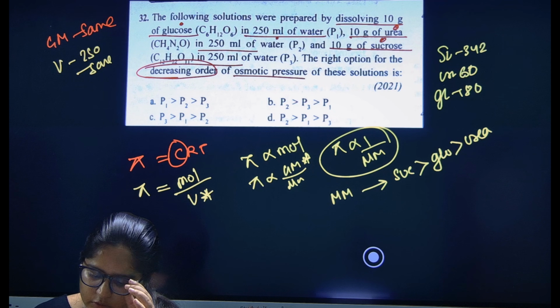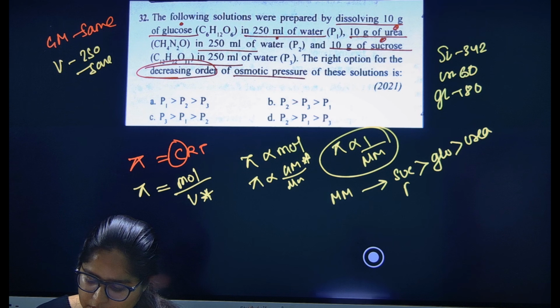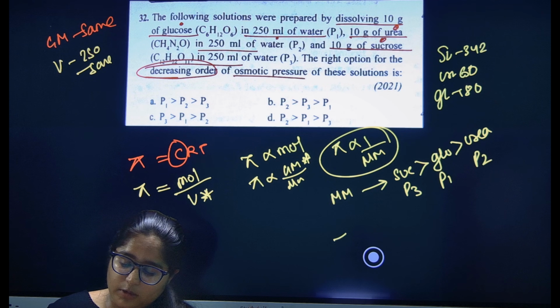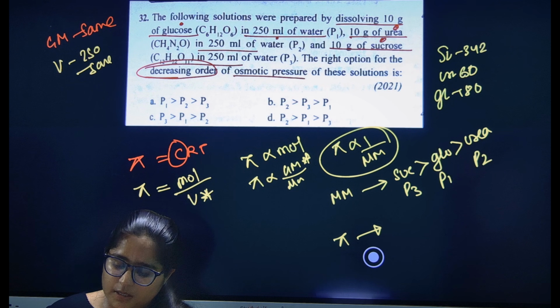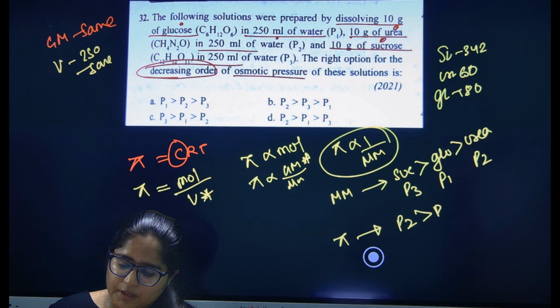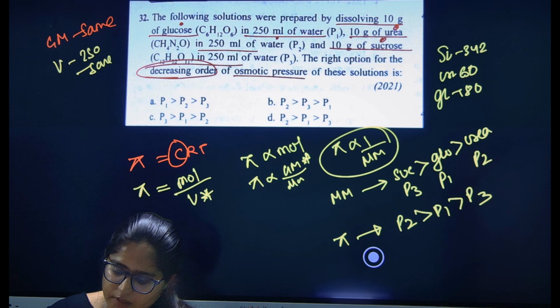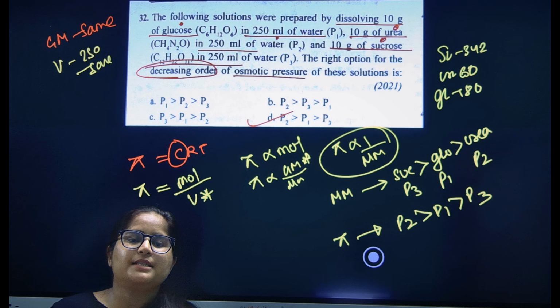The pressure for sucrose is represented as P3, for glucose P1, and for urea P2, right? The molar mass of sucrose is more, so osmotic pressure will be reverse, meaning P2 more than P1 more than P3. So P2, P1, P3, which option? Option number D is the right answer.